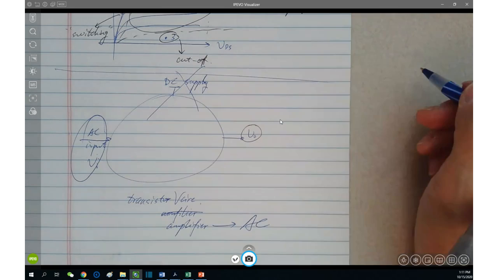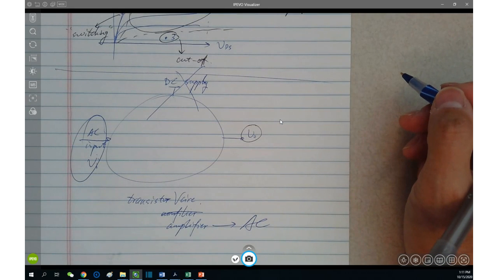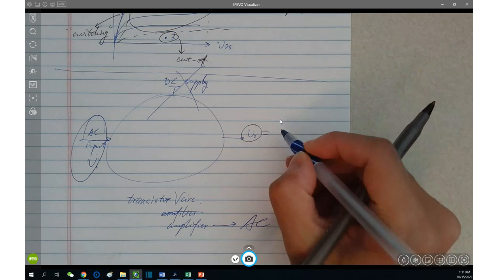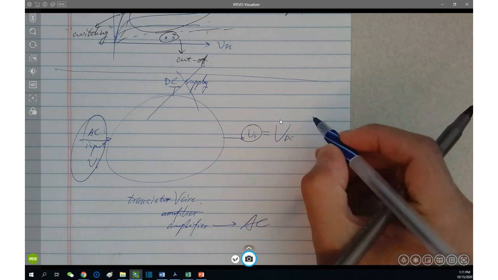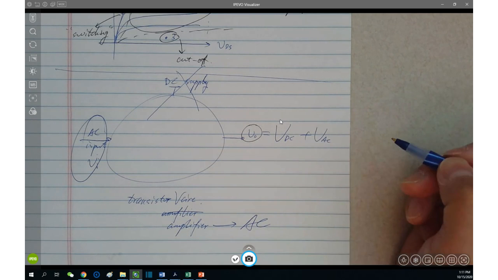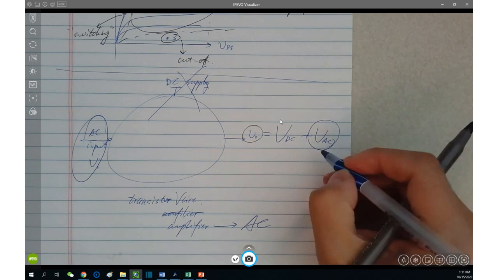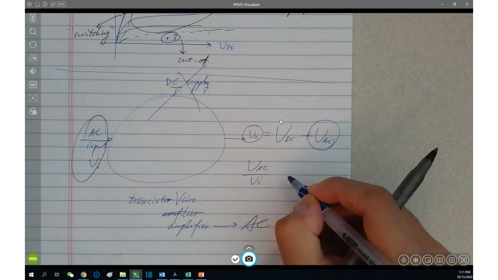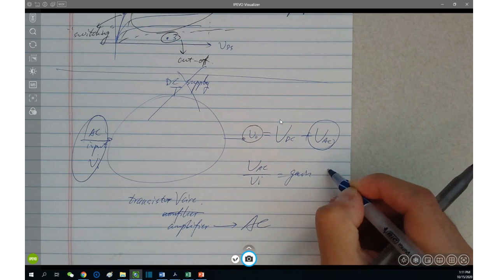You're not amplifying DC. DC is just to locate your operation point. So the output, of course, contains a DC result and an AC result. However, that AC result divided by the AC input is the gain, or the AC gain.